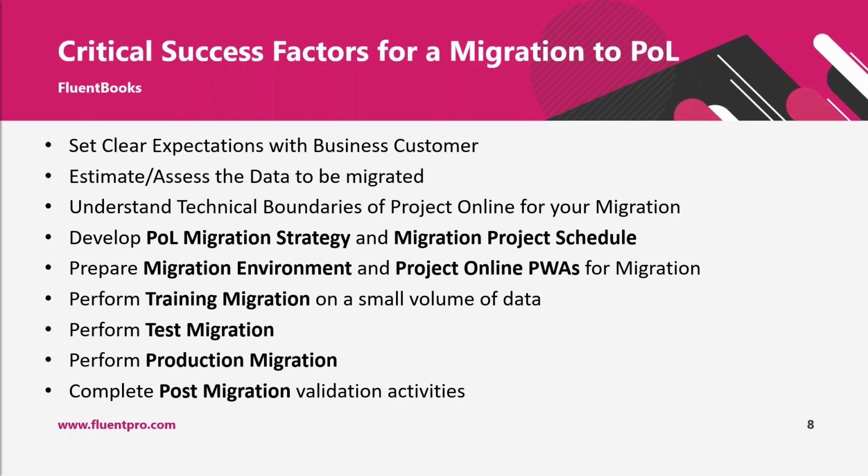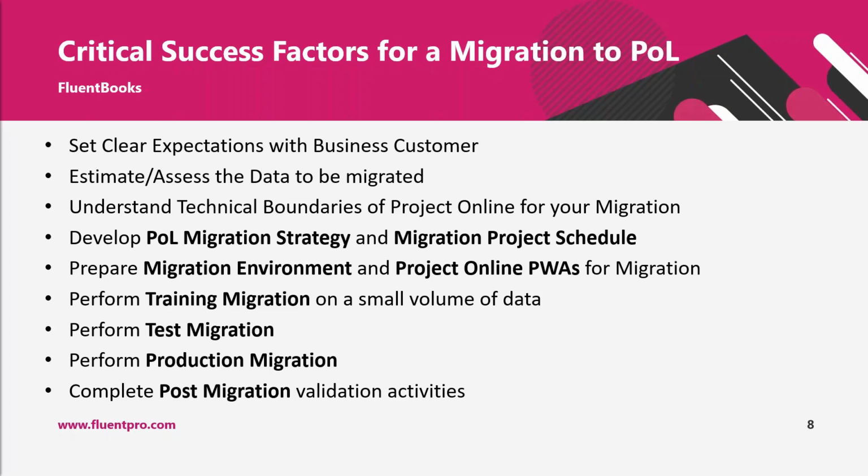And the second component of this factor is that migration is not done by copying data from one database to another database. Migration is done with the help of the migration tool that retrieves the data and uploads the data through the public APIs.